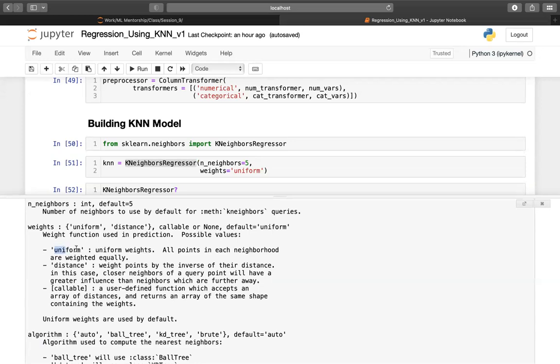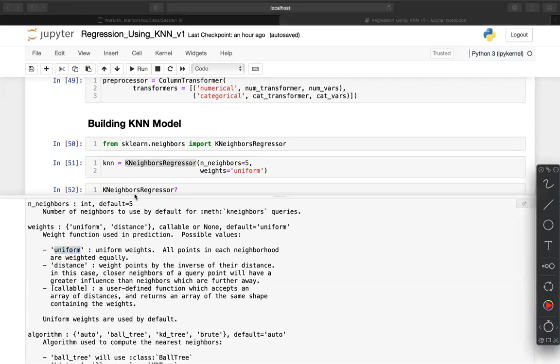If you say uniform, all points in each neighborhood are weighted equally. That means your y-hat that you're predicting is simply the summation of y_i, i equal to 1 to k, times 1 by k, because all are weighted equally.